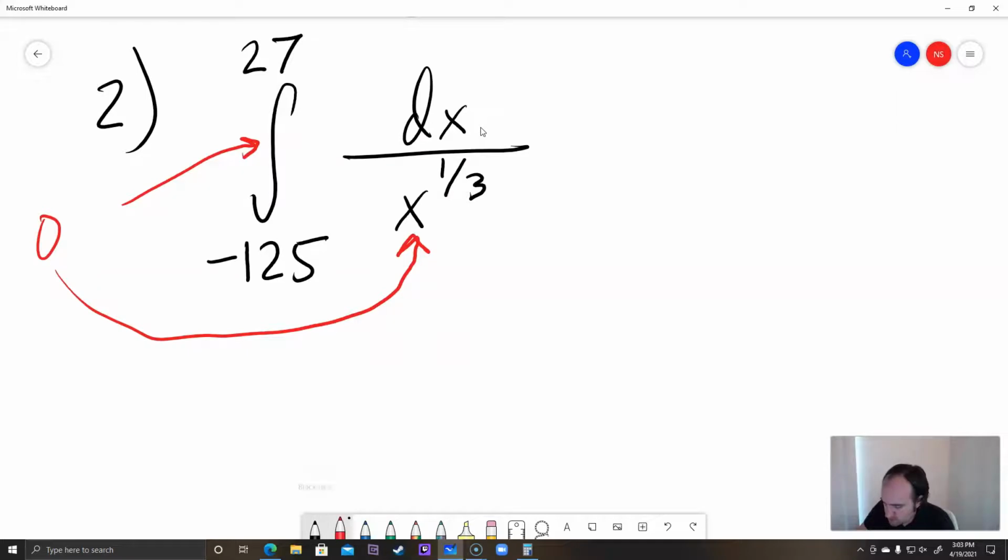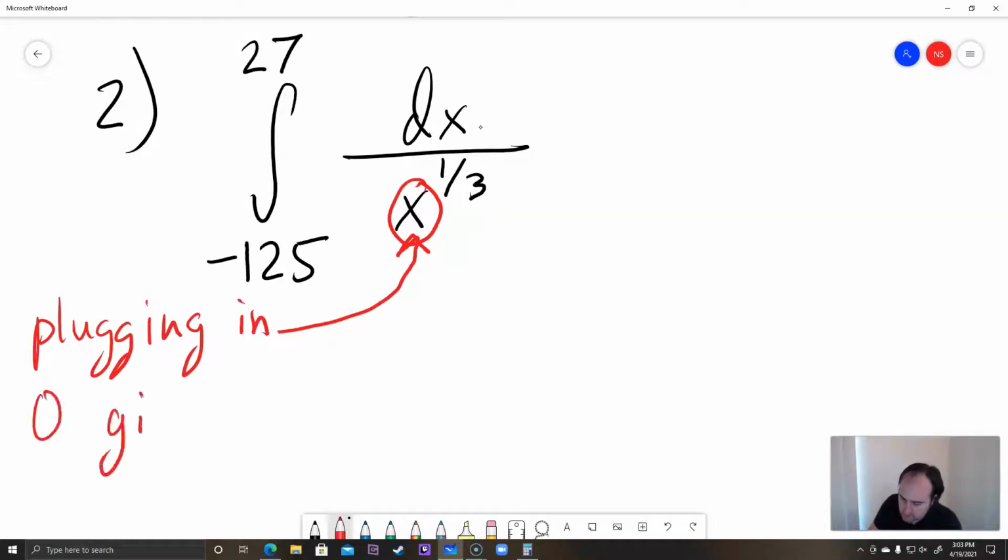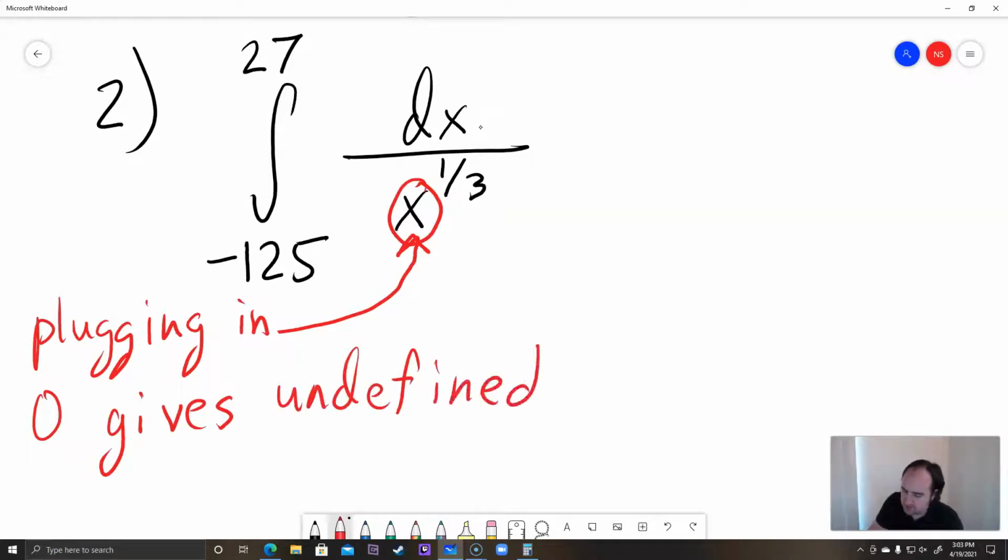Okay, so what we do is, since 0 gives us undefined, so let me write this a little bit differently. Plugging in 0 gives undefined. So once again, we're going to have to write it as limits, but the way we're going to write the limits is we're going to need to write it as 2 integrals, which is a bit of a pain, honestly, but this is the way you're supposed to do it.